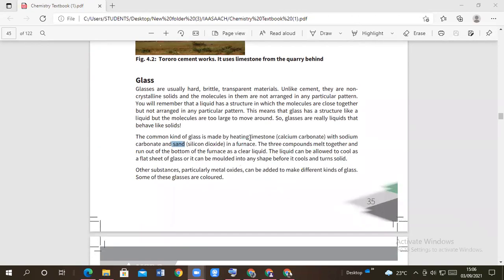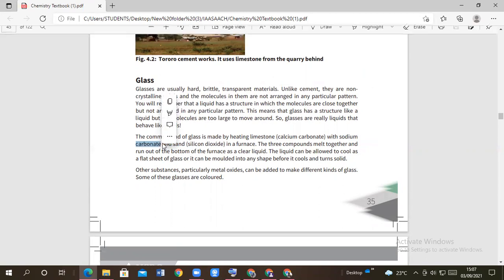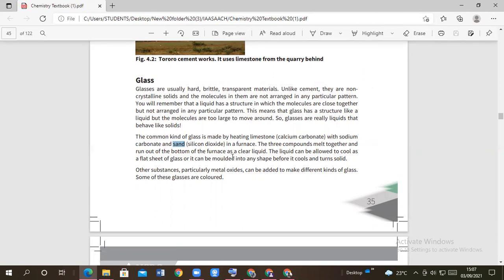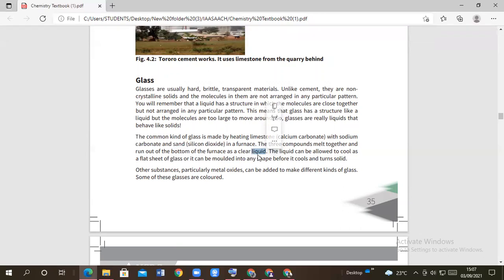Glass is made up of limestone, with sodium carbonate, okay? And the sand. So the three compounds melt together and run out of the furnace as a clear what? Clear liquid.